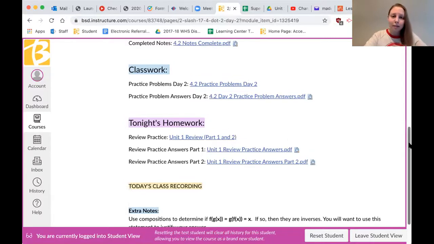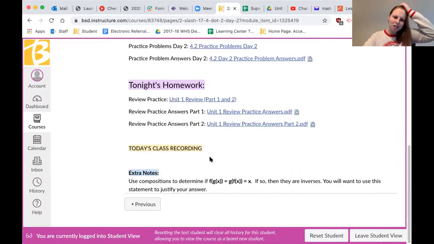So that's the plan for today. I've started to put some extra notes down here, supplemental things that I feel like we might need, big ideas to get across. And I feel like the big idea to get across today is that when we're determining if 2 functions are inverses of each other, we can prove that by saying f of g of x and g of f of x are both equal to x.